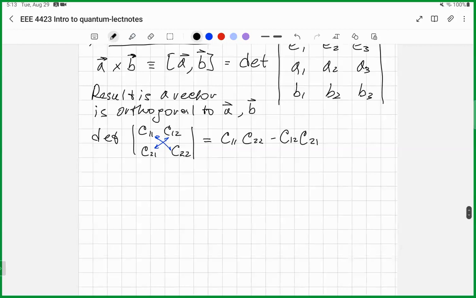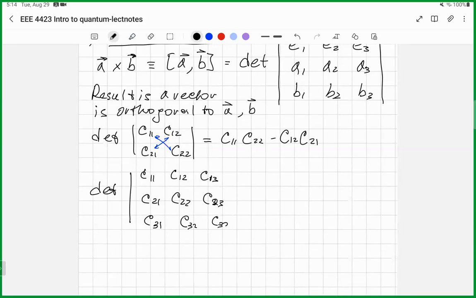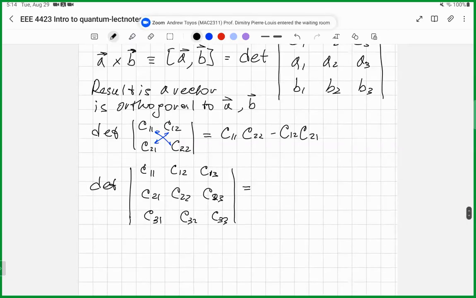This is the result for a 2 by 2 matrix, but in the case of a larger 3 by 3 matrix with elements C11, C12, C13, C21, C22, C23, C31, C32, C33, we can represent it through the minor decomposition. Just to remind you how we do that: we can select any row or column, and traditionally we use the first row.